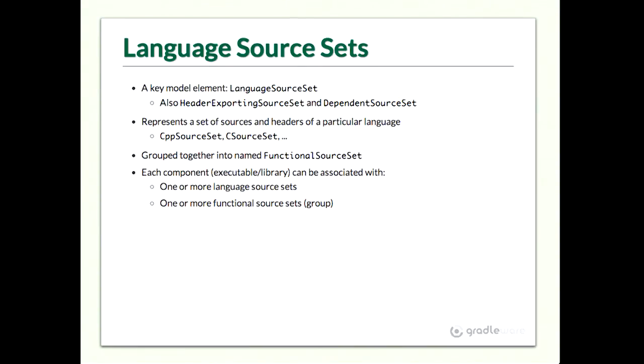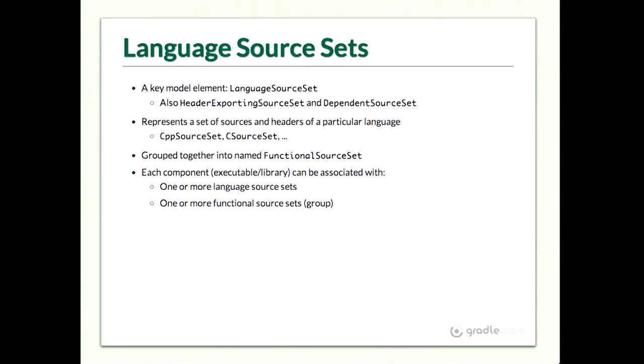Language source sets are grouped together into a functional source set. A functional source set is a type that says, for example, all the sources for a particular component would be a functional source set. So if you have C and C++ and assembler sources going into one component, those three language source sets are part of the same functional source set for the component. And you can add extra language source sets.